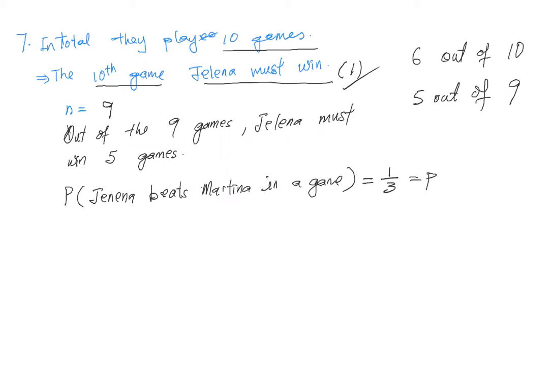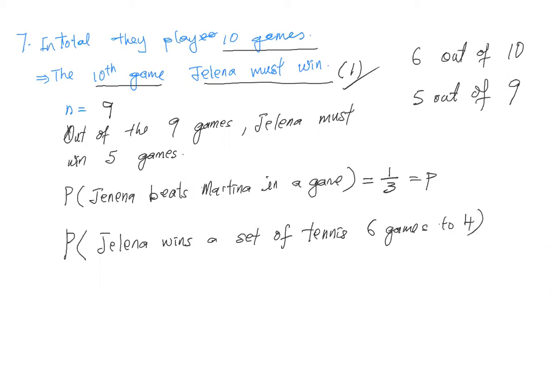So that means probability of Jelena wins a set of tennis 6 games to 4 means probability of X equal to 5 times by the last game.